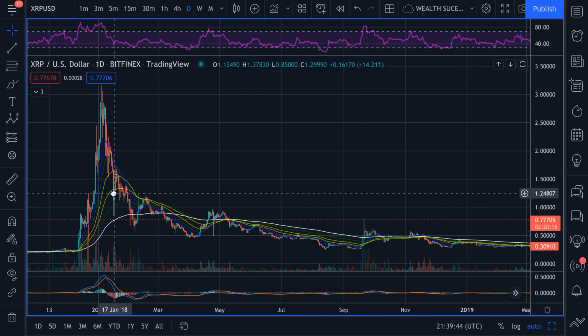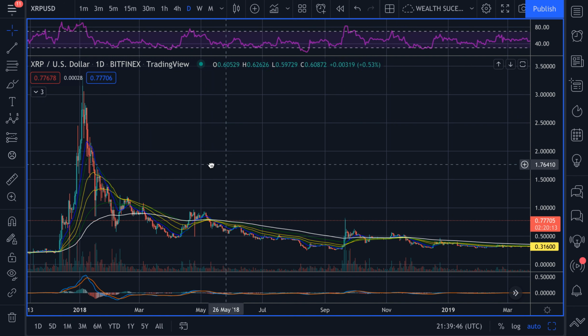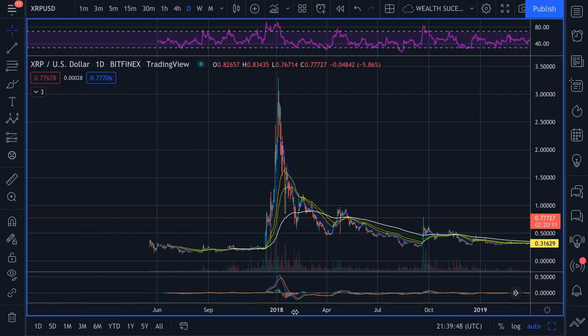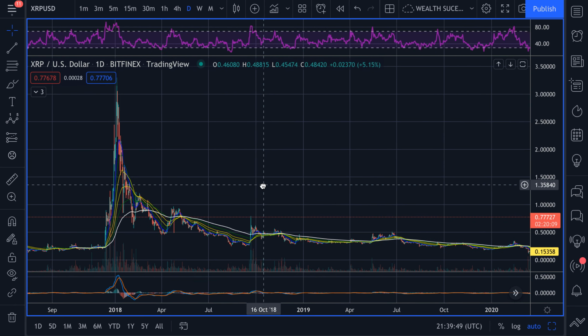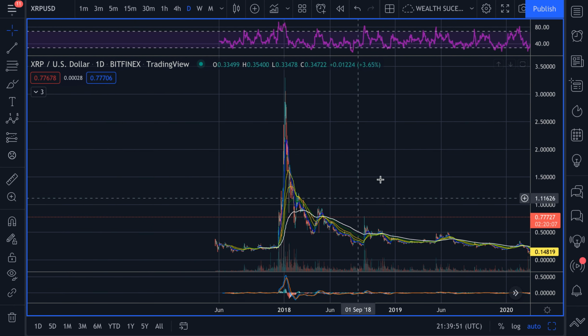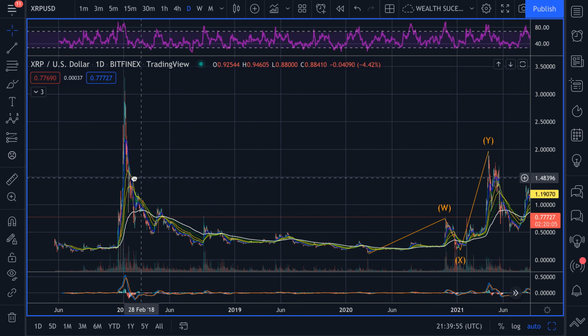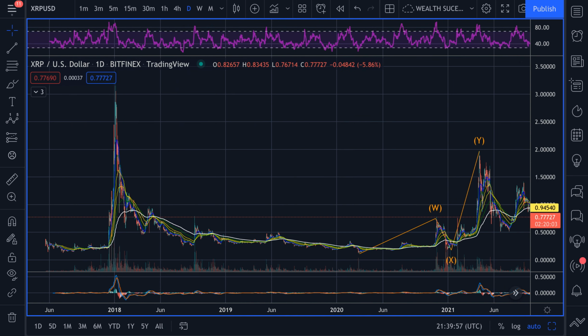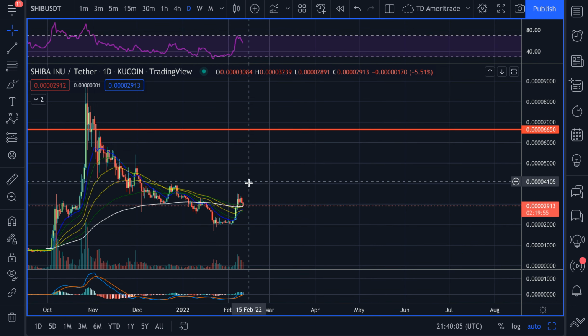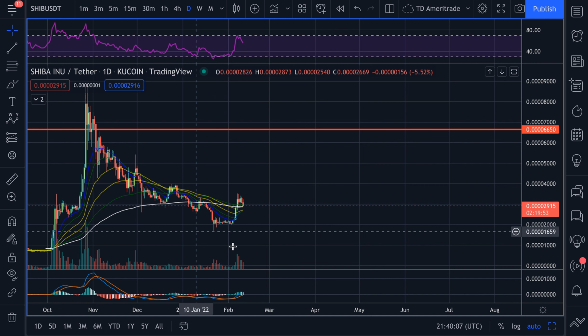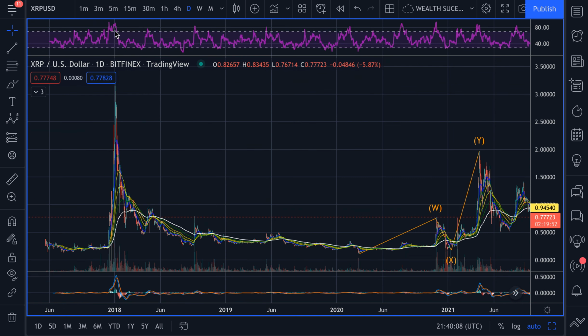Now, when I was talking about ZERP, or when I was talking about SHIB, look at these charts. See how the beginning, don't you think this right here looks like this?